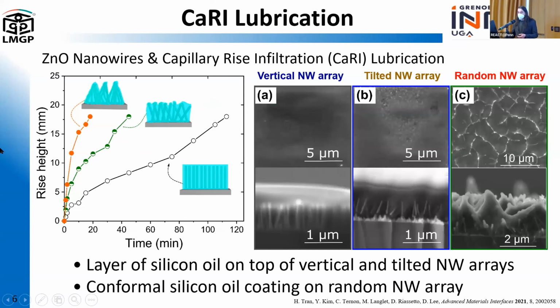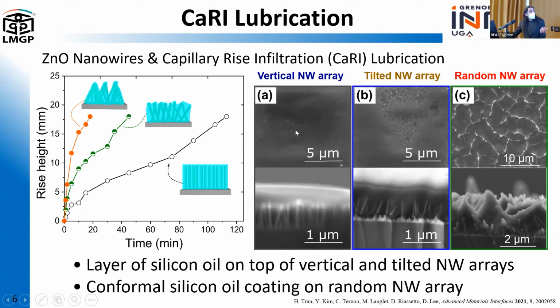Here you can see on this graph the rise from the bottom to the top of the structure. It is quite long for vertical nanowires, almost 2 hours. It is around 40 minutes for tilted nanowires, and less than 20 minutes in the case of the random array.